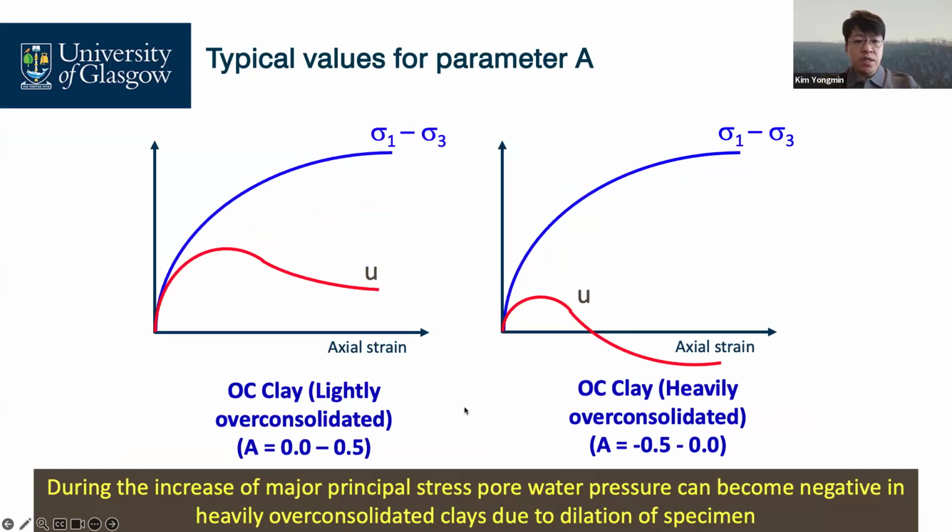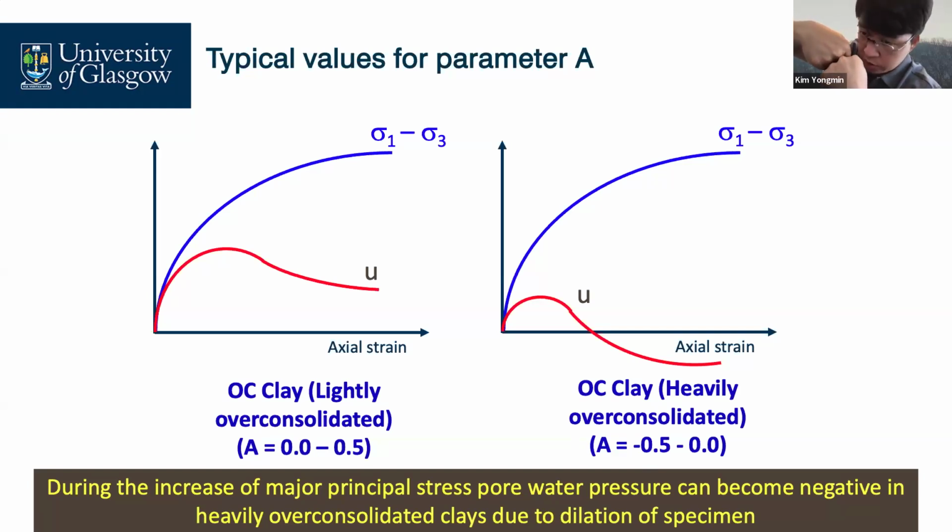In terms of OC, it is still likely over-consolidated. It looks like that. Your A parameter ranges up to 0.5, and you can even have negative. Why? Your pore pressures are negative. Why? This is over-consolidated and keeps pressing, so your soil particles slide over the particles.